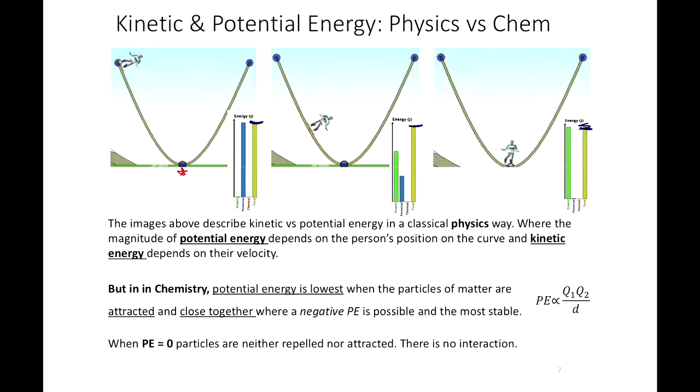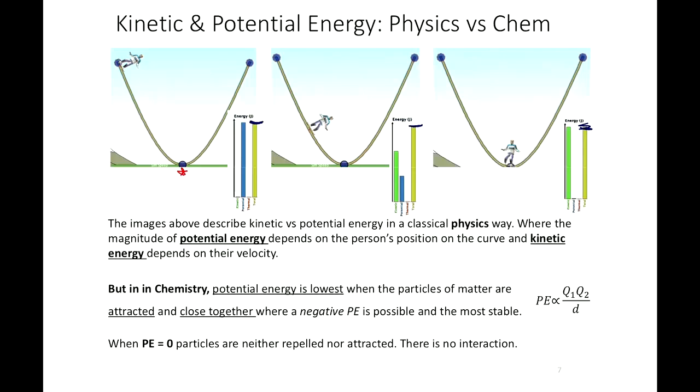But for chemists, potential energy is a little bit different, all right? For chemists, we actually want negative potential energies. So for physics, we stop thinking about potential energy once it's zero. Once your object has hit the floor and there's no more potential energy, then we're done. But for chemists, we actually want negative potential energies, and that's actually a good thing, right?